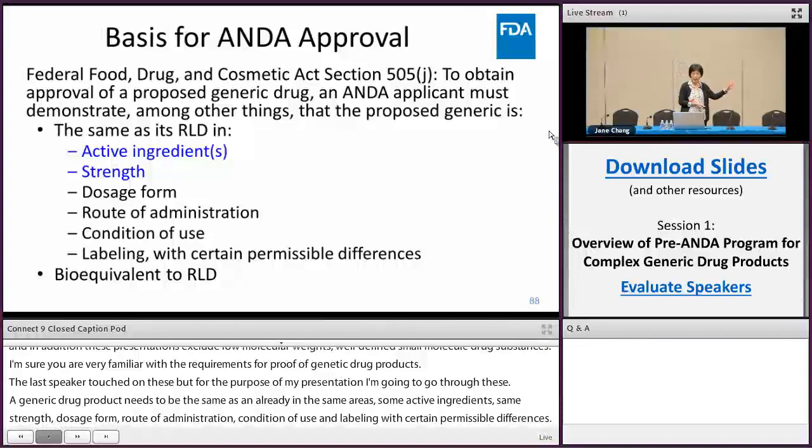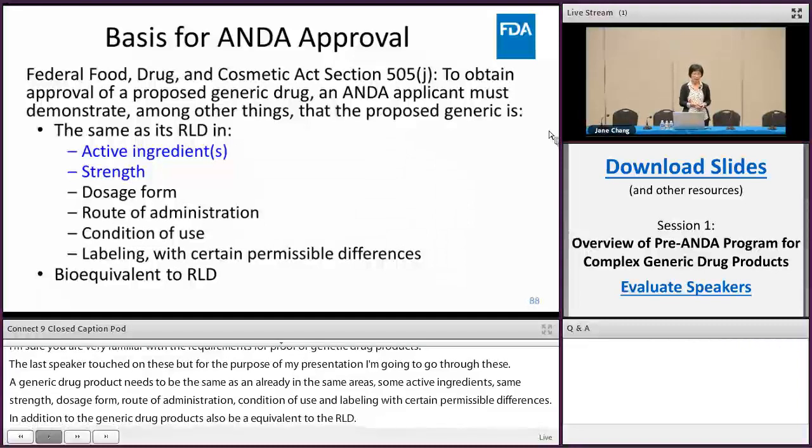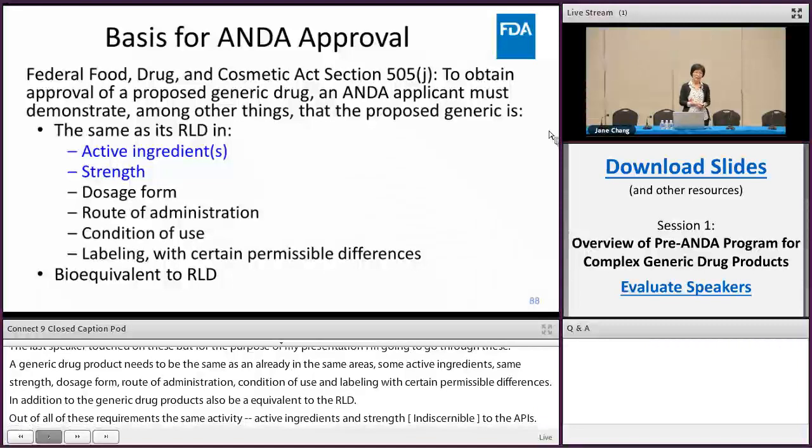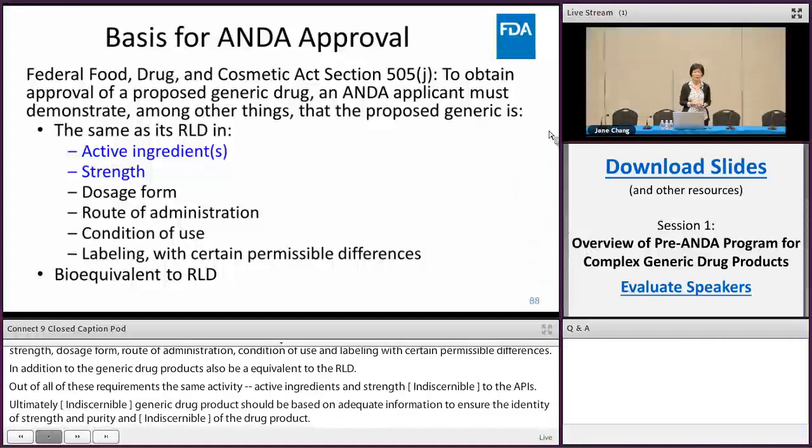Out of all of these requirements, the same active ingredients and strength are directly linked to the APIs. Ultimately, the approval of a generic drug product should be based on adequate information to ensure the identity, strength, purity, and quality of the drug product. For my presentation, I would like to discuss the areas of the drug substance that impact the drug product identity, strength, and purity.